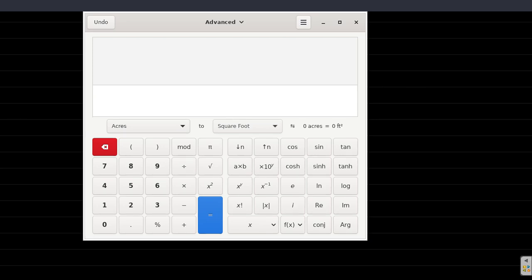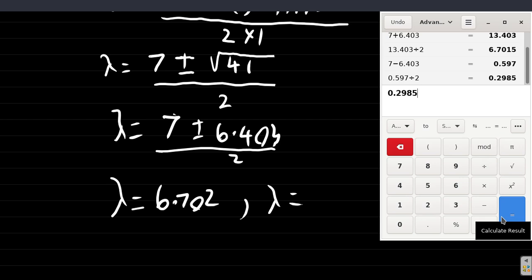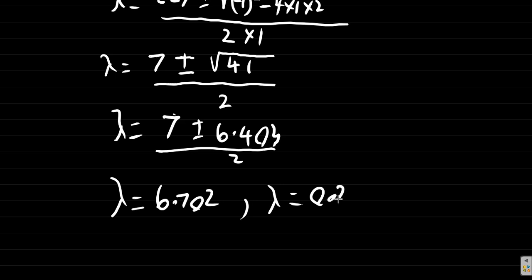Yeah, so lambda is also equal to 7 minus 6.403 over 2 equals 0.299.